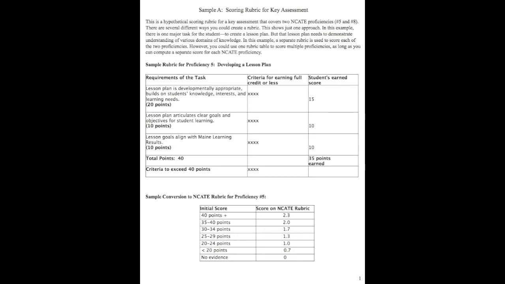So in other words, when you create your conversion table, you wouldn't start at the top of the scale, but you need to consult your at-a-glance chart and see what level performance is expected, and then work down from there systematically. So this is the process for scoring and then converting the score.